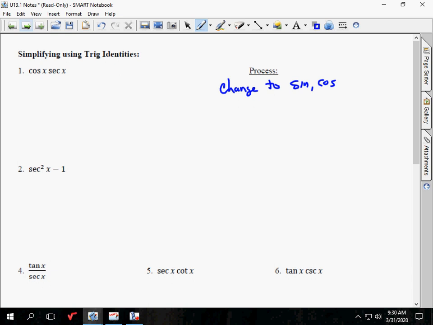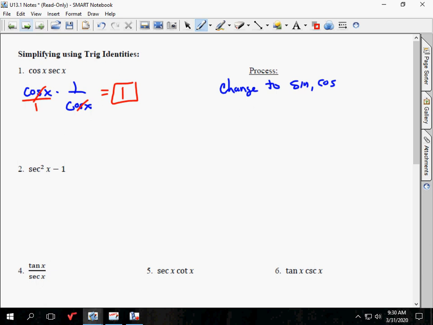This technique works on a lot of problems, and then we'll also look at some other techniques. On this one, we already have cosine, but secant is 1 over cosine. If we multiply cosine times 1 over cosine, this cosine x is the same as cosine x over 1. We could cross cancel, and this simplifies down to just 1.